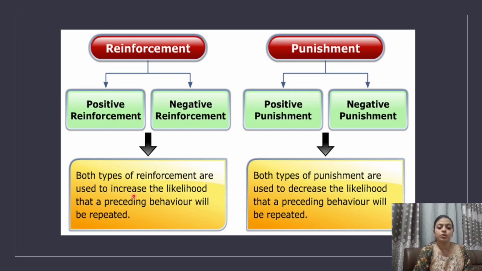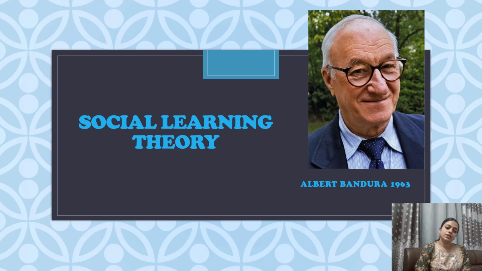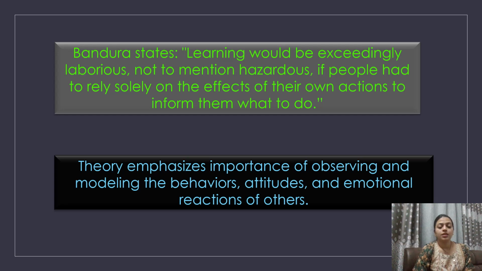Both types of reinforcement are used to increase the likelihood that the preceding behavior will be repeated. Whereas punishment, positive is usually omission, and negative punishment, both types are used to decrease the likelihood that a preceding behavior will be repeated. Now let's come to social learning theory by Albert Bandura.